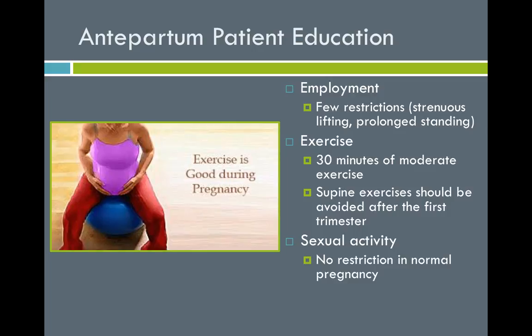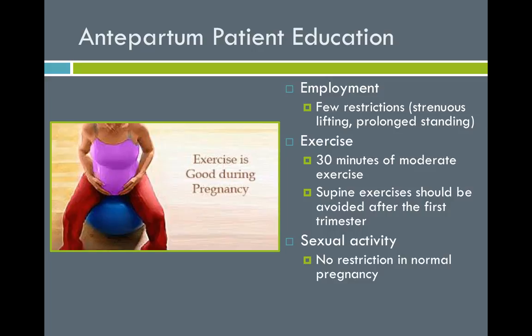Exercise, definitely recommend 30 minutes of moderate exercise, but truly any exercise the patient has been engaging in prior to pregnancy, that patient can continue to engage in that activity. You encourage the patient to listen to their bodies. You encourage the patient to stop if they're feeling out of breath or if they're feeling any pain.